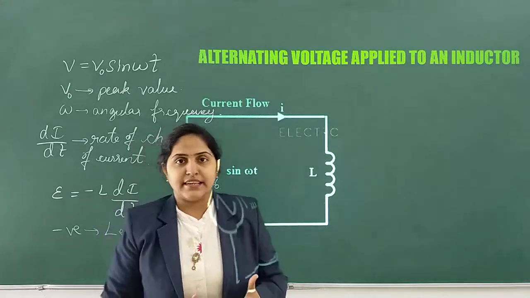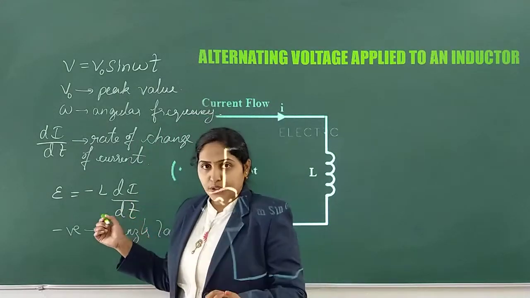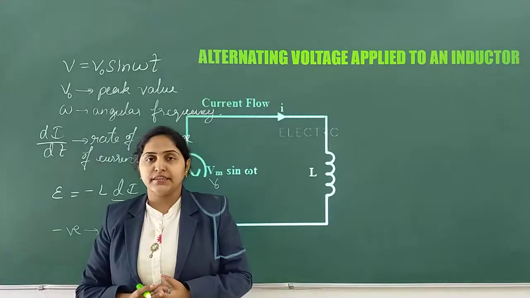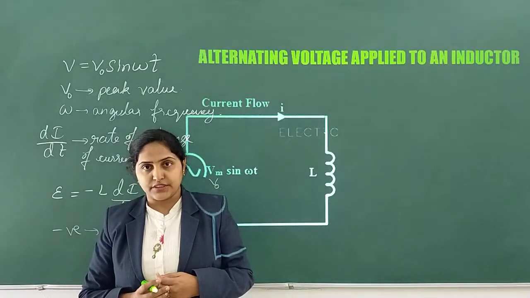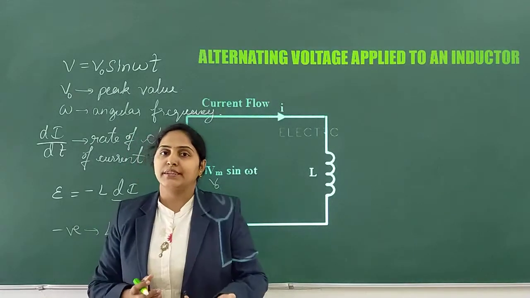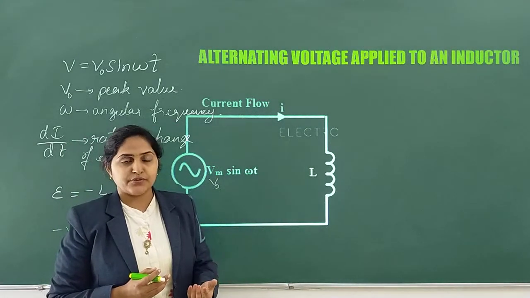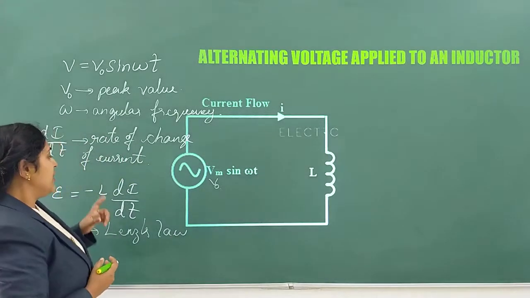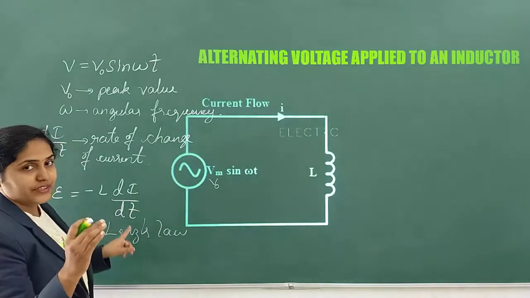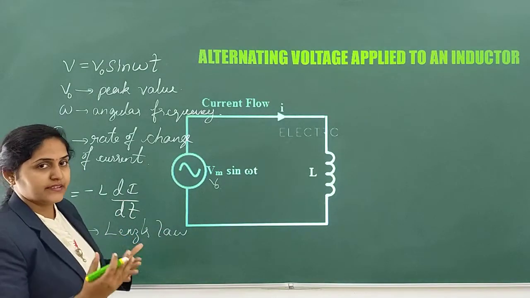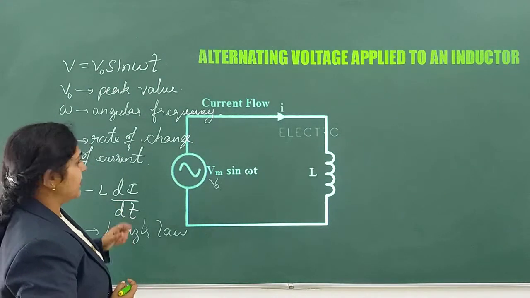You have studied Lenz's law: the negative sign indicates that the induced EMF produces a current whose direction opposes the change of magnetic flux linked with it. Due to the changing magnetic flux, an EMF is induced, and this opposition is indicated by the negative sign. So epsilon equals minus L di by dt.